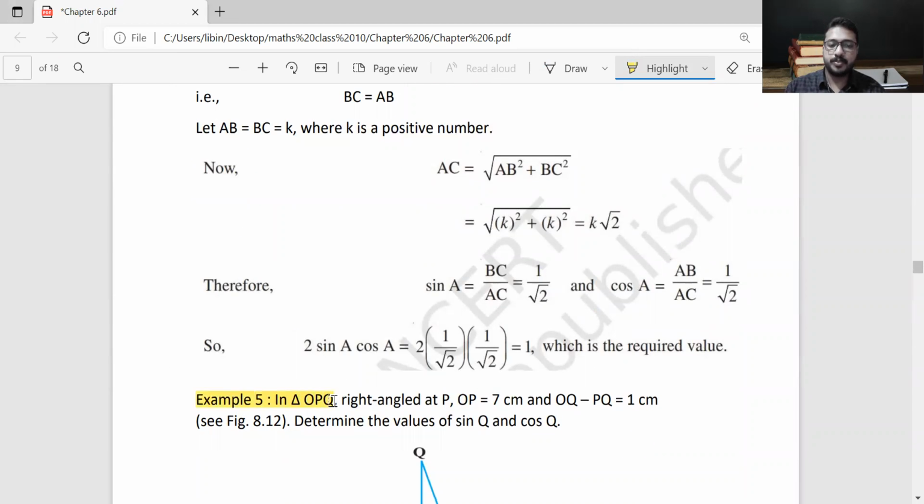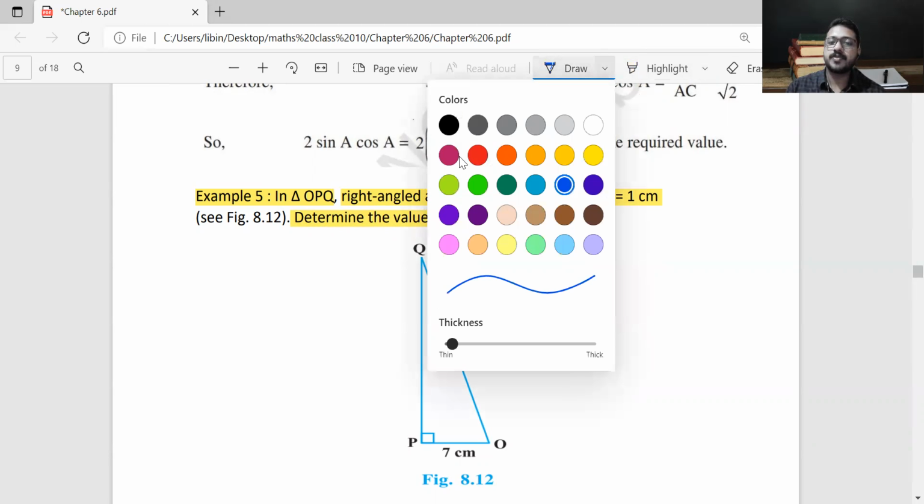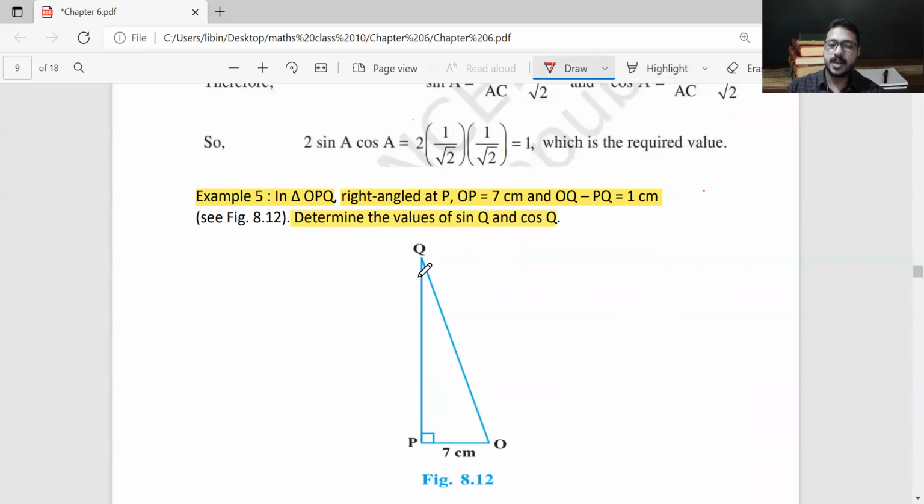In triangle OPQ, you are given a triangle OPQ which is right angled at P. OP is equal to 7 centimeter and OQ minus PQ is equal to 1 centimeter. Determine the values of sin Q and cos Q, which means you have to find the sine value and cosine value of this angle. That is the main question.